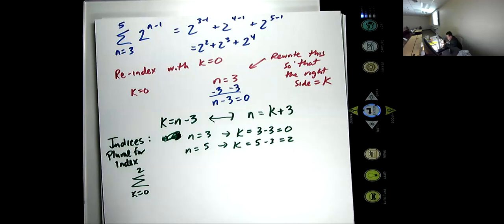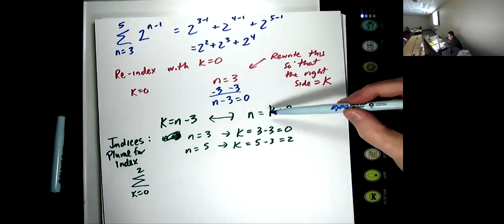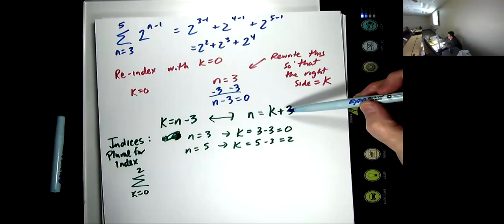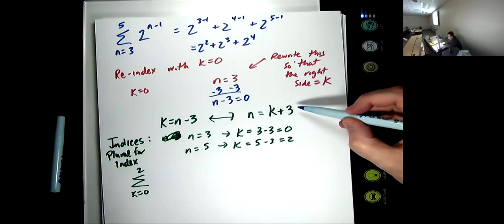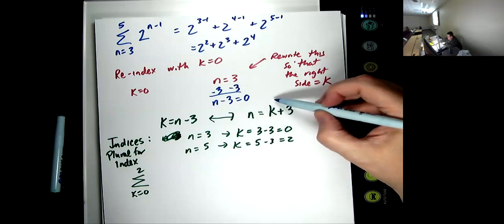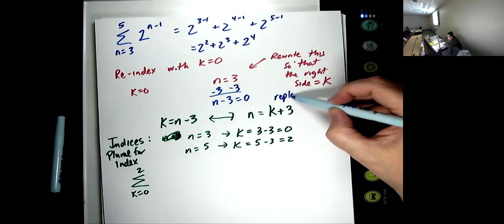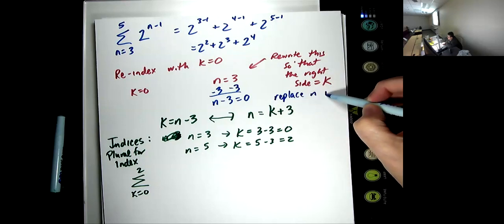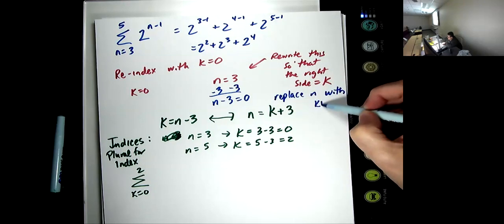And now here, there's a reason why I rewrote n in terms of k's. We have 2 to the n minus 1. I'm going to take this n and replace n with k plus 3 in the formula.